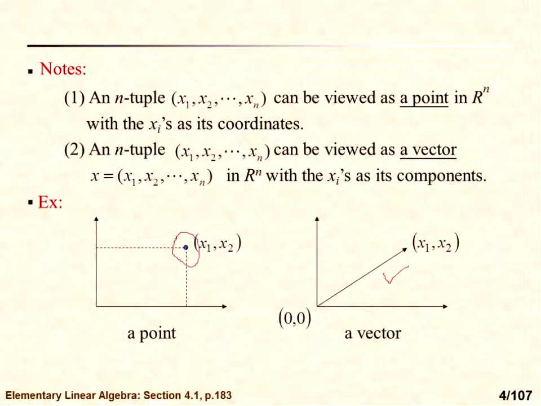A vector has a base and a head, or tail, and it is denoted like this, from 0, 0 to x1, x2. So it is a vector.